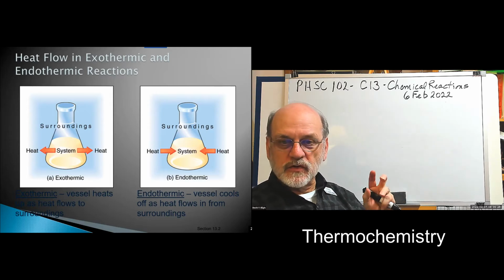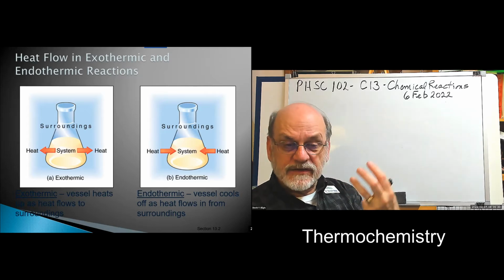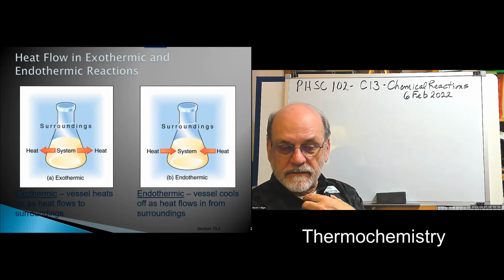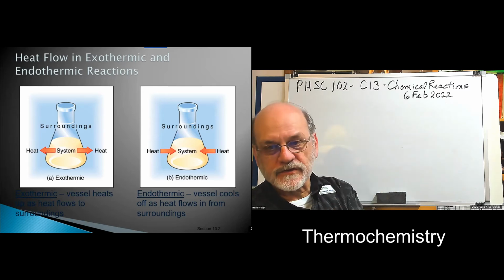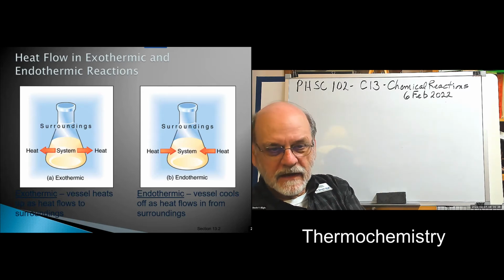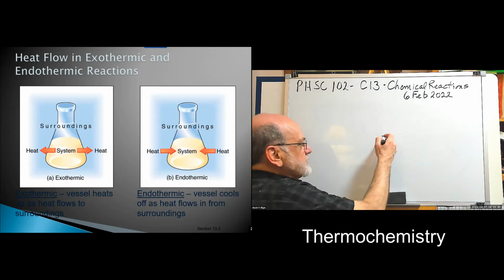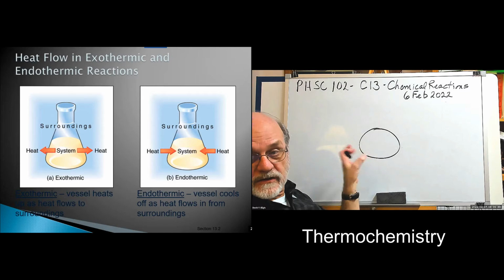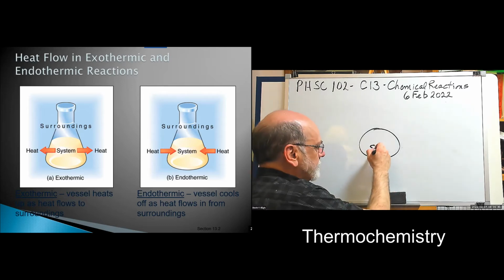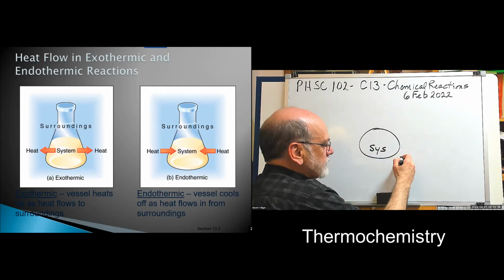And it helps to visualize the reaction in terms of system versus surroundings. So if you say the system is this, that's actually the reactants in here. And everything else is surroundings.